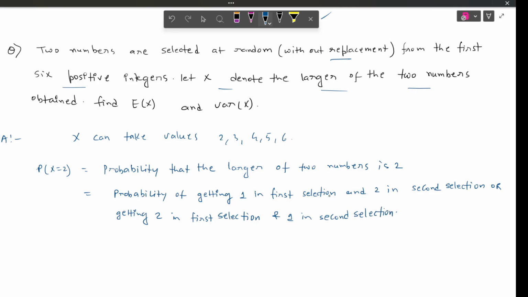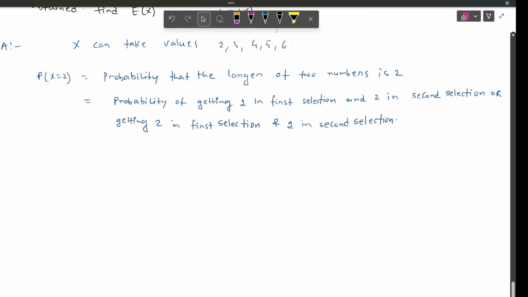Okay, it can happen in this manner also. So you have first 6 numbers. So probability of getting 1 in first selection and 2 in second selection: if you have taken 1 in first selection out of 6, then you remained with 5 numbers. So from those 5 numbers you have taken 2. So this would be 1 by 5, because in the question it is given that without replacement.